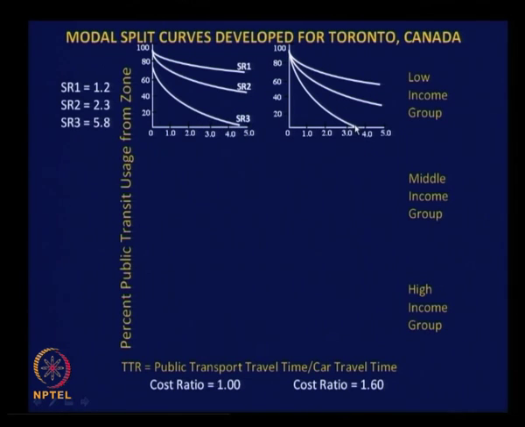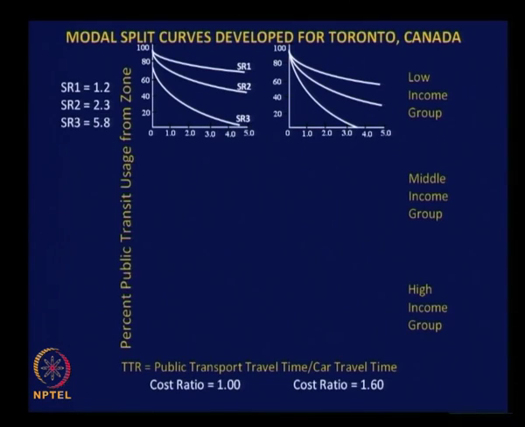Why are these two curves different, or what is the factor which is differentiating these two curves? Cost ratio is differentiating these two curves. How is the set of curves on the right hand side different from the set of curves on the left hand side?